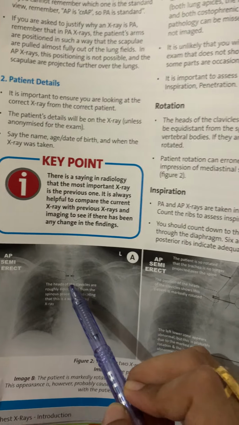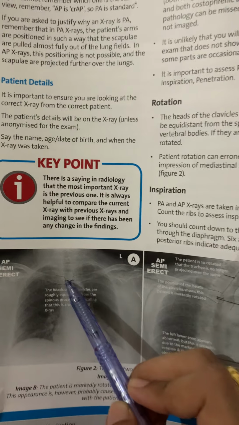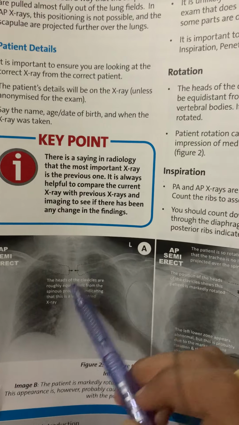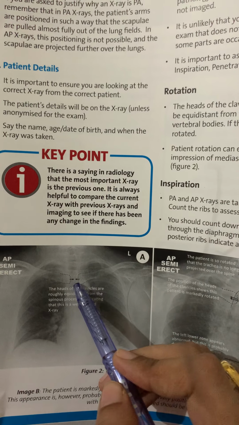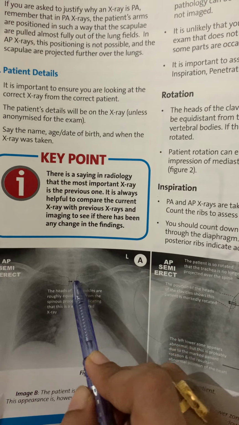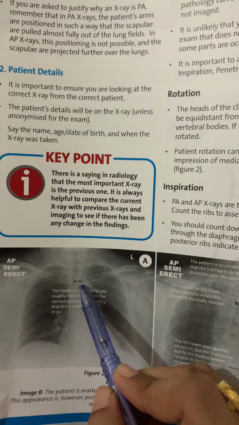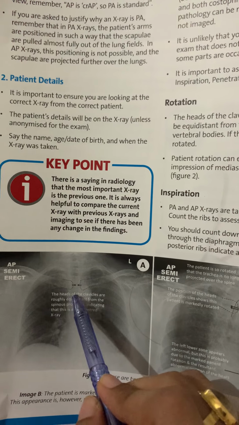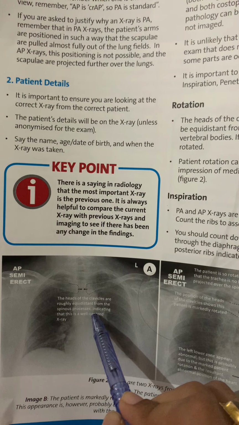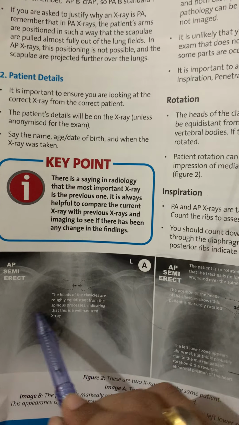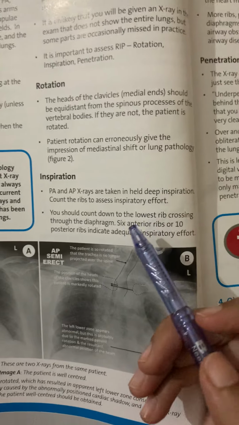We will see that these are the spinous processes of the vertebral bodies, and here are the medial ends of the clavicles. We check the distance of both ends of the clavicles, and if they are equidistant from the spinous processes, it indicates that it is a well-centered X-ray.